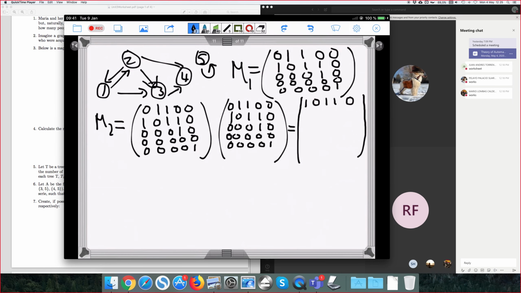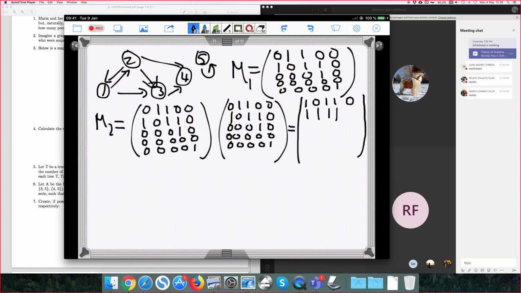For the second row, we need to add the first row, the third row, and the fourth row, because we have ones in positions 1, 3, and 4. Okay, so we obtain... No, sorry.